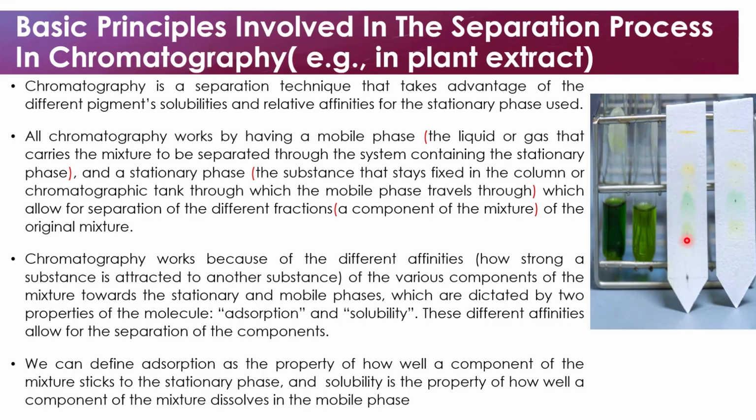So the pigment that adsorbs the most onto the stationary phase will have the lower RF value, and the pigment that dissolves best in the mobile phase will have the higher RF value, as shown in the chromatogram over here.